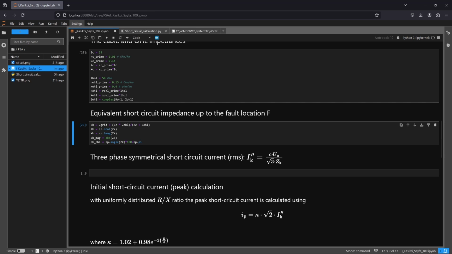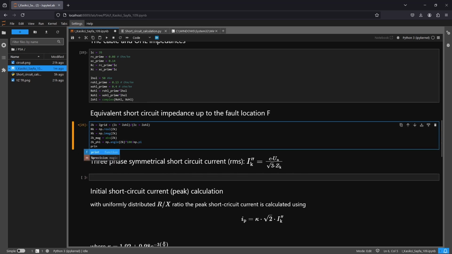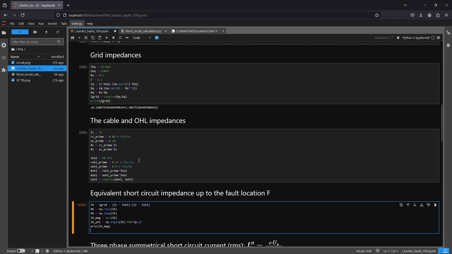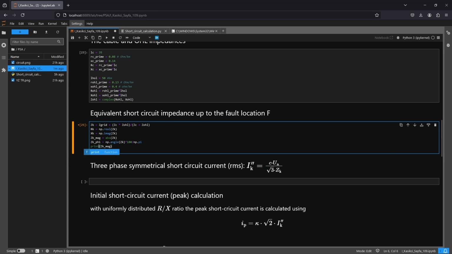It's okay. If we want to see the values, for example, here, just print ZK mag, and for the angle value, it's also convenient for me to check.